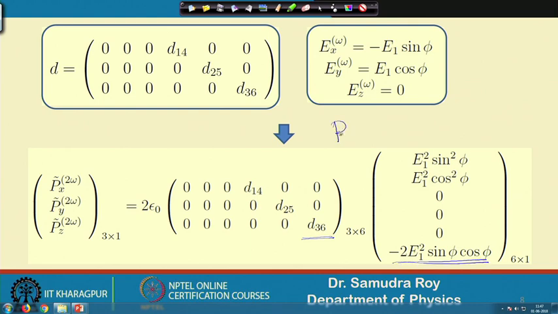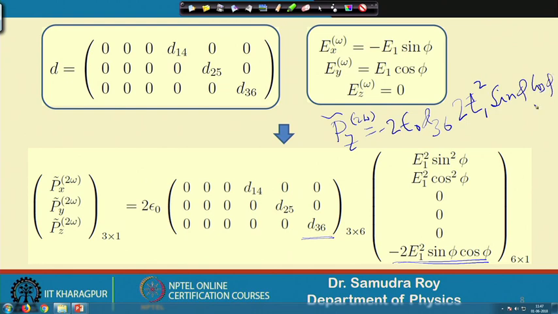So, let me write it here so that you can understand, p z tilde at 2 omega will be simply 2 of epsilon 0, this we always have, then d 36, and then with a negative sign another 2 term is sitting here, E 1 square will be there, and sin phi cos phi. So, in compact form, if I write 2 sin phi cos phi as sin of 2 phi, this term will be 2 of epsilon 0 d 36 E 1 square sin of 2 phi.